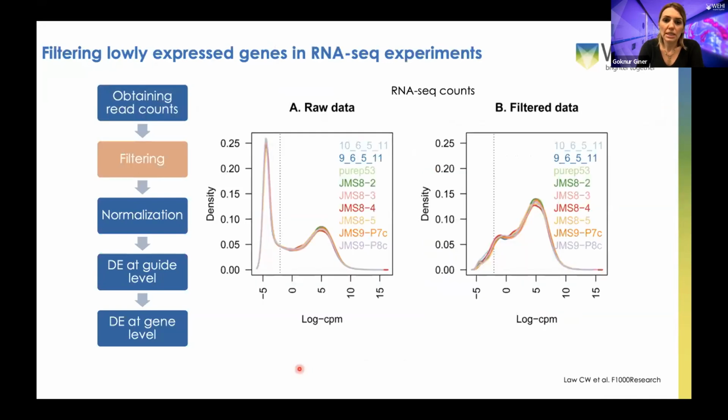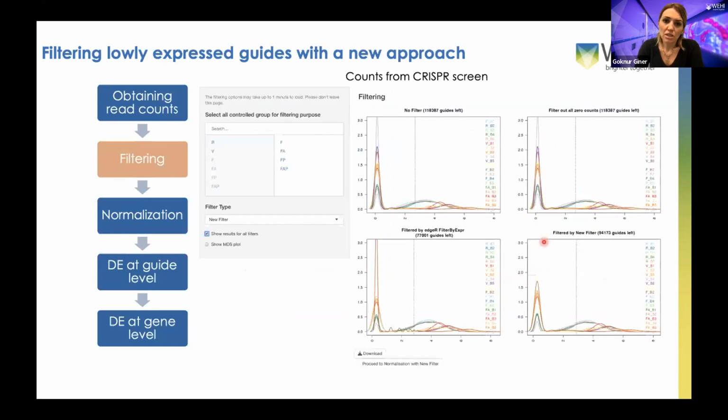So the next step is filtering. In an ordinary RNA-seq experiment, when we filter the raw counts, we remove the spike of low-count frequency, and then we obtain a unimodal distribution, but that's not the case for CRISPR. So CRISPR Web Analyser provides you with filtering options.